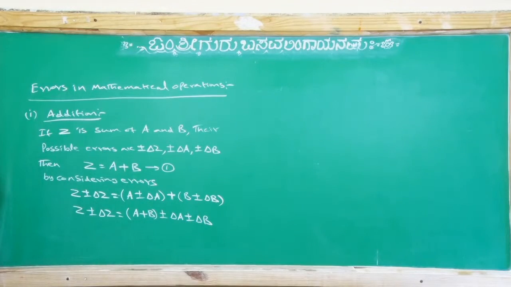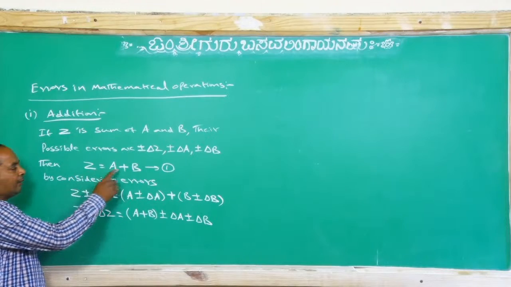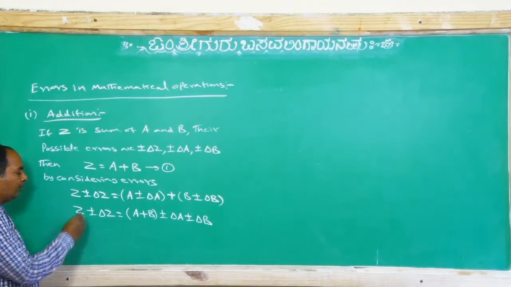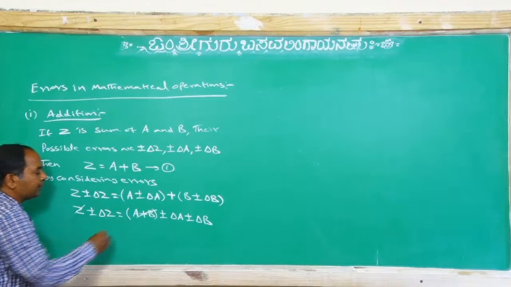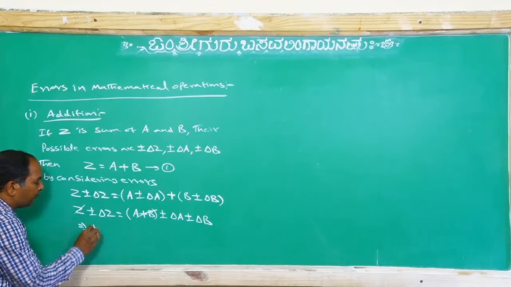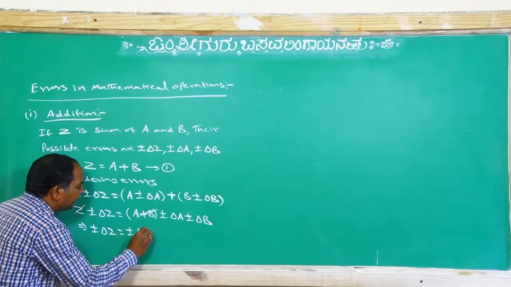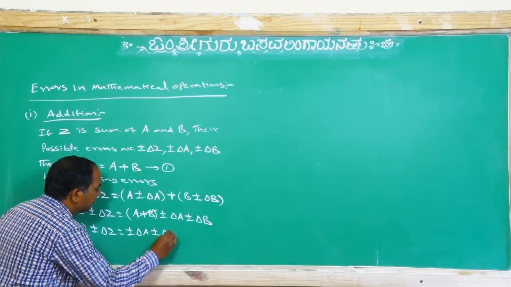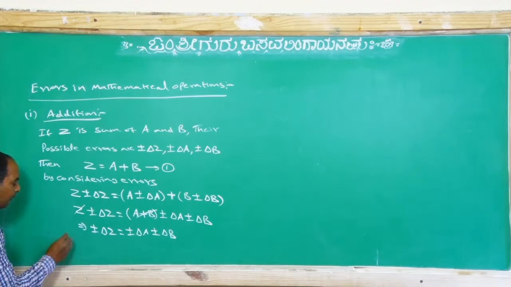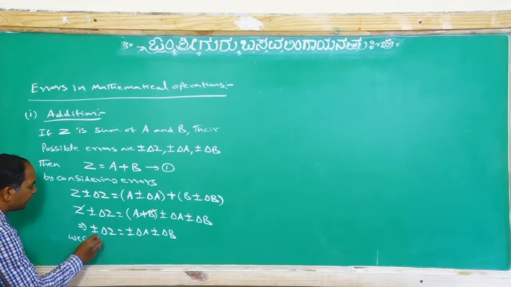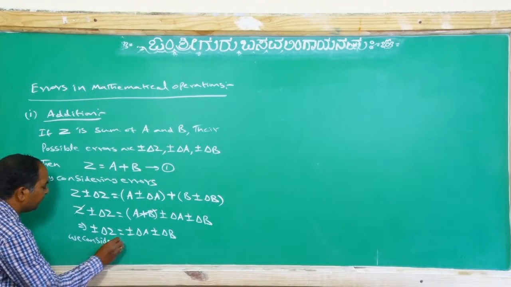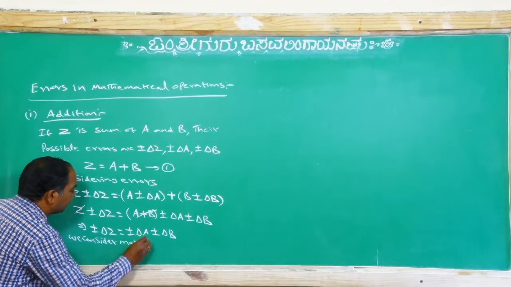Okay. Here already we know Z is equal to A plus B. So, here Z and A plus B we may cancel. So, plus or minus delta Z is equal to plus or minus delta A plus or minus delta B. Here we consider the maximum possible error.